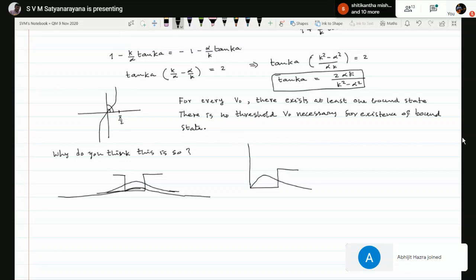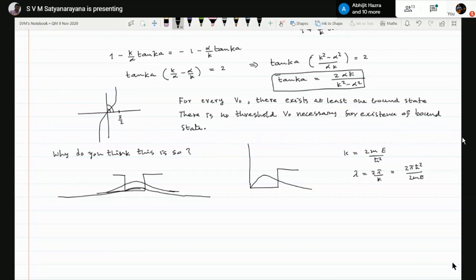remember, your wavelength is what? In this region you have k, right? So your k is equal to the square root of 2mE by h bar squared, and your wavelength is 2 pi by k. So if energy goes to 0, then the wavelength goes to infinity.